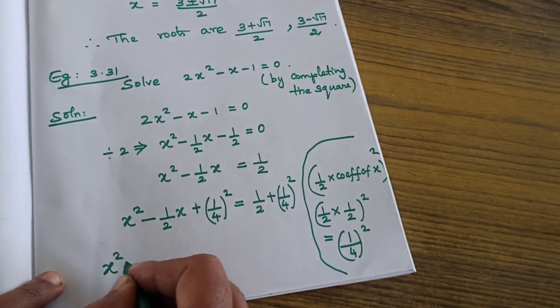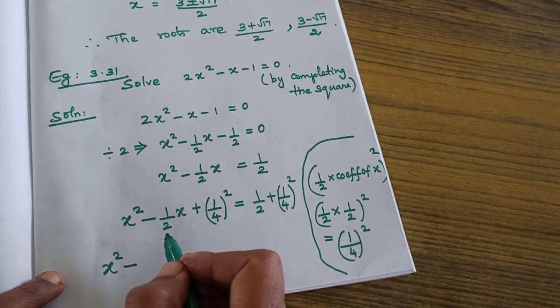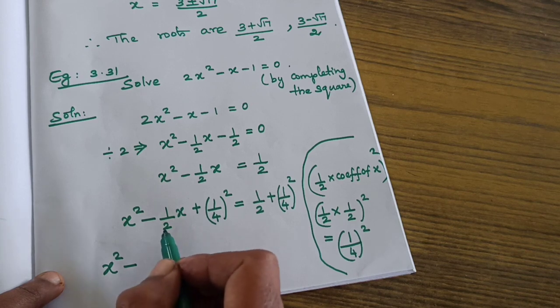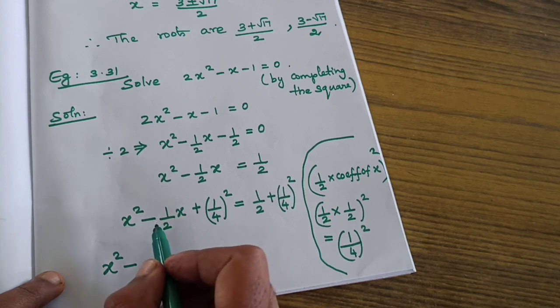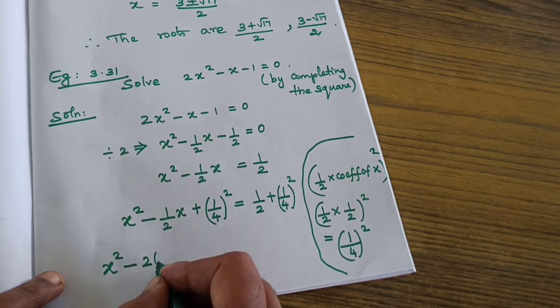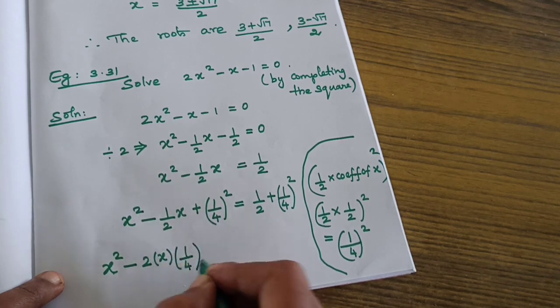Now we can check for the formula. So x square minus this term, whether we are getting the correct form, we are going to check. Here there are 3 terms, a plus b the whole square or a minus b the whole square. Here it is minus, no, so a minus b the whole square only. So a square minus 2ab plus b square. Here this one is a, what is b? 1 by 4.